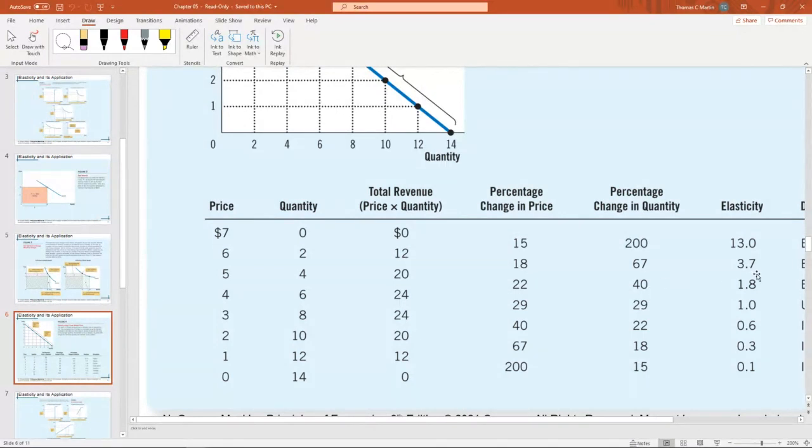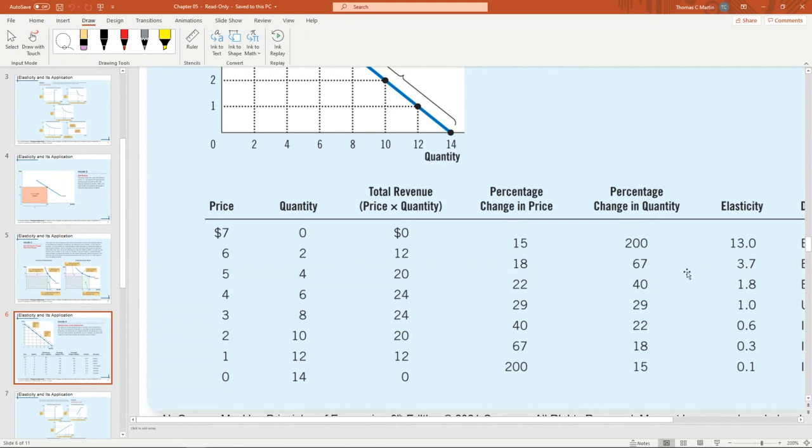Accordingly, we see the elasticity as 3.7. Now, this textbook simplifies the calculations by just looking at the percent change in price over the percent change in quantity, and then they divide those two. But in reality, you're going to be a little off with the numbers. You're more accurate if you use the midpoint formula.